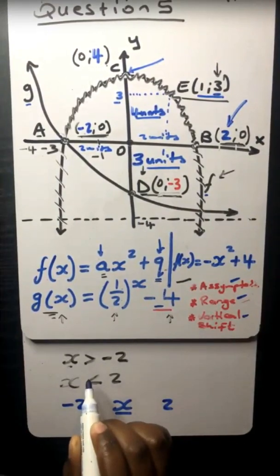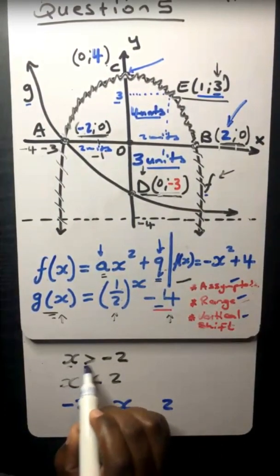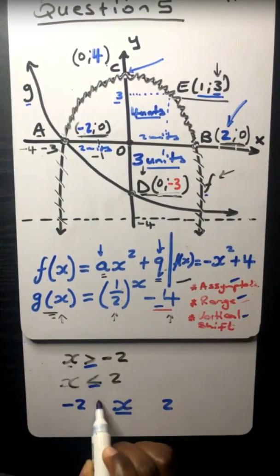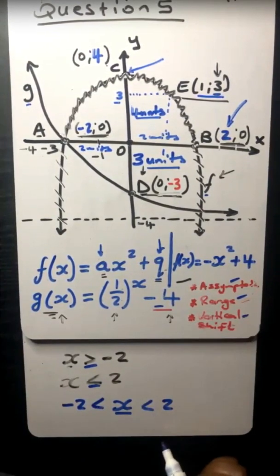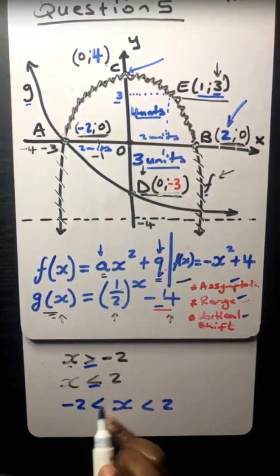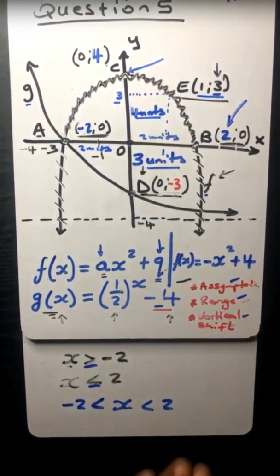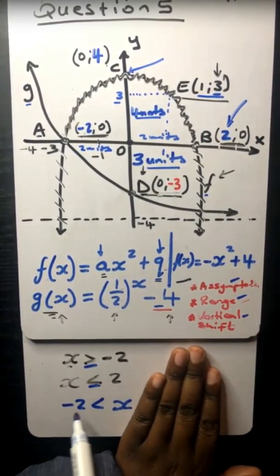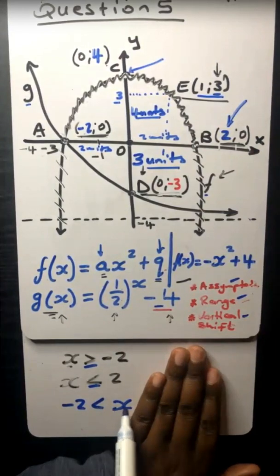Because the equation did not say greater than or equal to or less than or equal to, they just used a less than, so you also put less than there. Let's try to make sense of this. If you hide this part, can you see you have -2 being less than x?